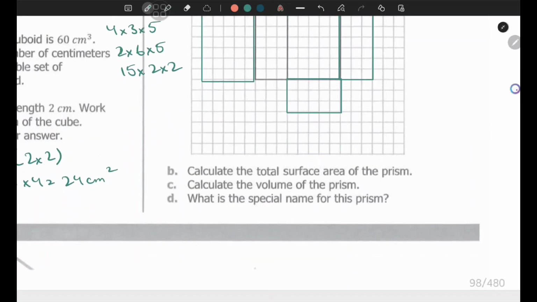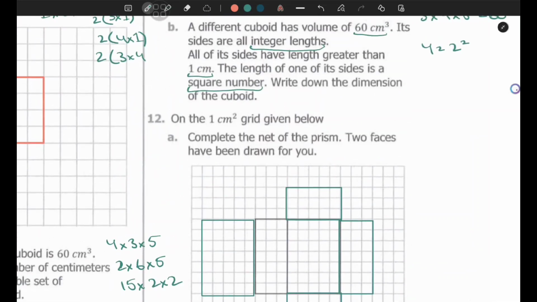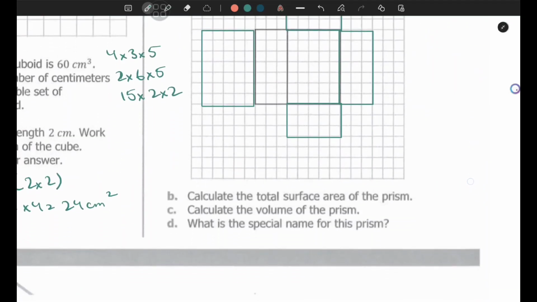The surface area of this prism, sorry, it's a prism, right? Calculate the total surface area of the prism.